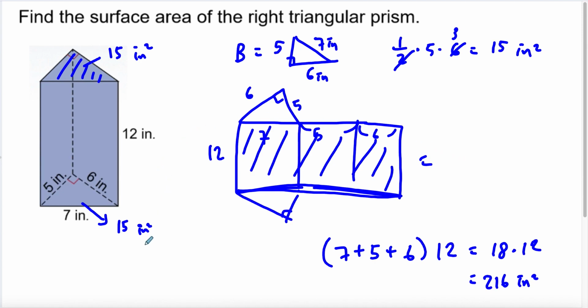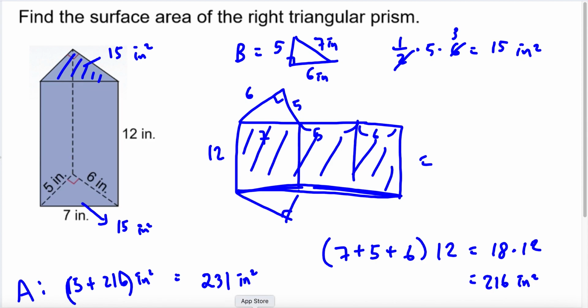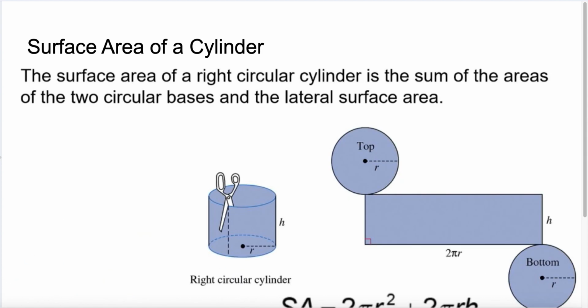So the area of this triangular prism should be 15 plus 216 square inches, or that is the same as 231 square inches. Okay. I strongly suggest you resolve all the problems, okay?